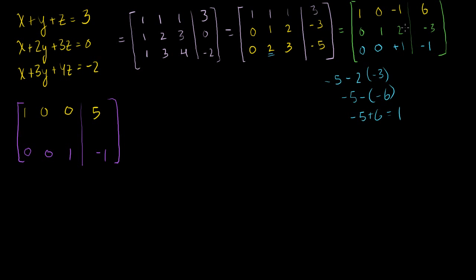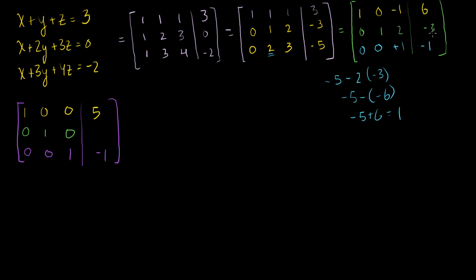Now I want to zero this row out. And to zero this row out, what I can do is replace it with the second row minus 2 times the first row. Right? So 0 minus 2 times 0 is just 0. 1 minus 2 times 0 is just 1. 2 minus 2 times 1 is 0.